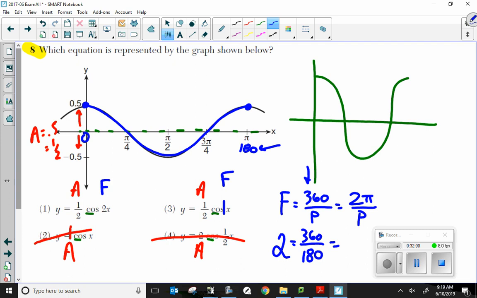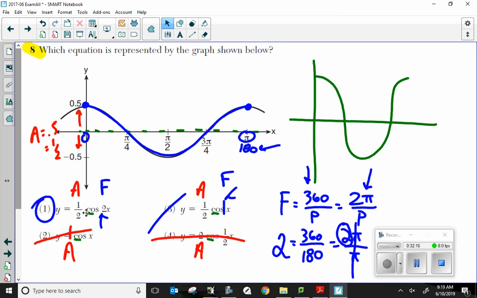If I was going to use radians, I would use pi. So I'd take 2 pi divided by pi, and I would still get 2. So either one is 2. This is not 2. Well, that is 2. There you go, and that's the answer. That was a nice, easy one.